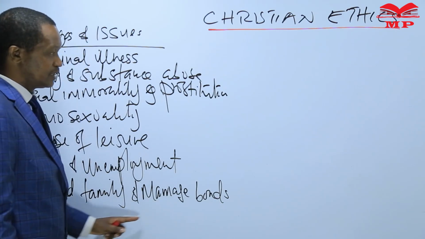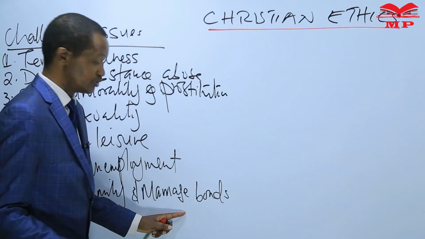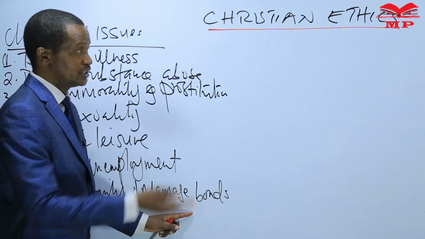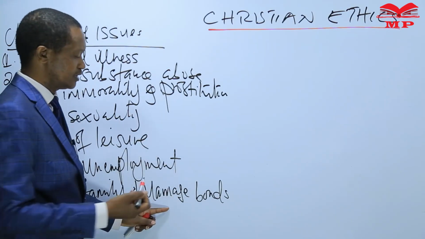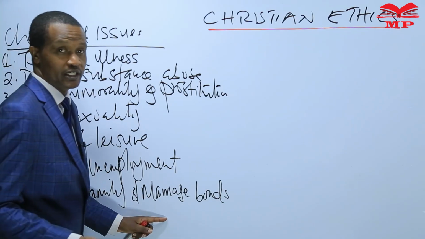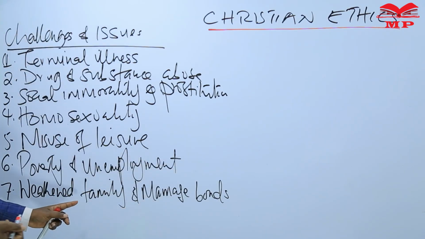There are families where members are not in agreement. There is always disagreement. We have seen on social media, on television, we've read in newspapers how family members are killing each other, how families are divorcing, how children are not living with their parents. So there is weakened marriage and family bonds. That is a challenge that is being faced by all members of society today.